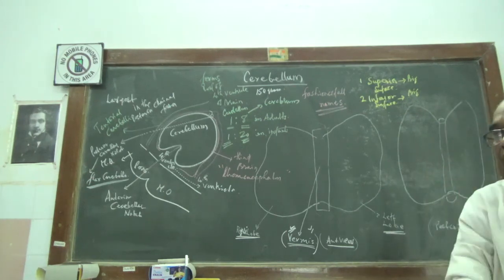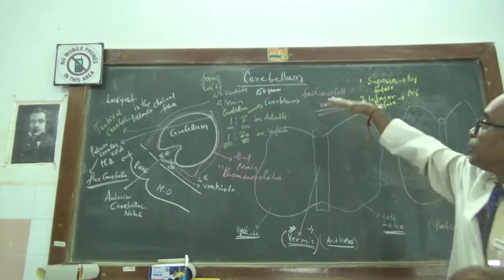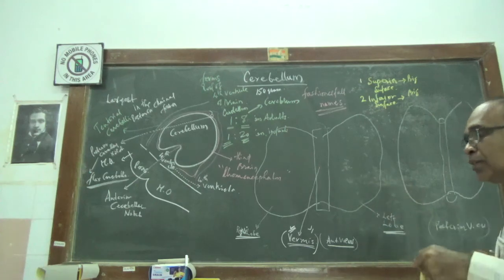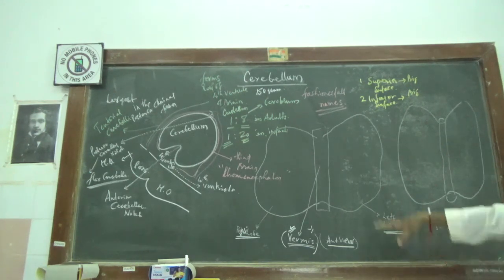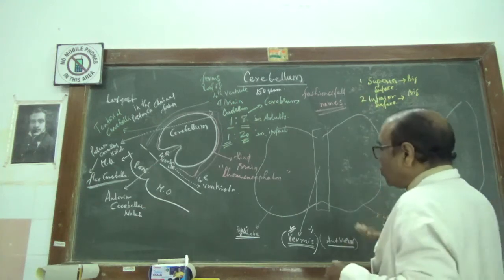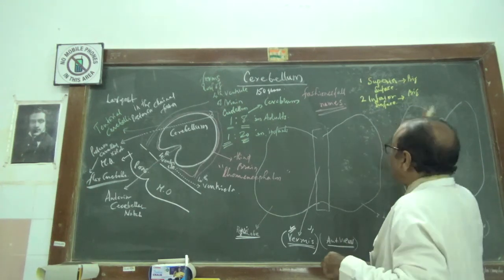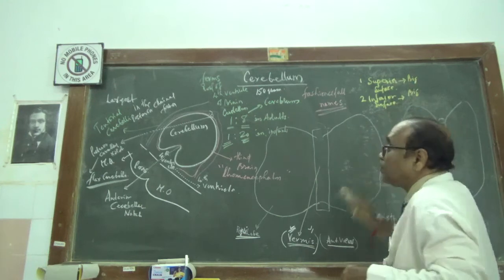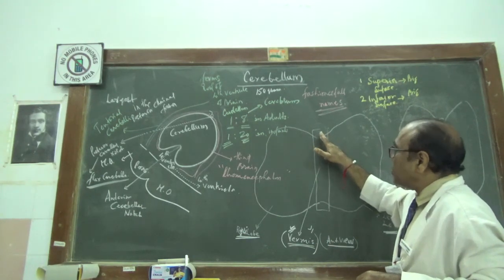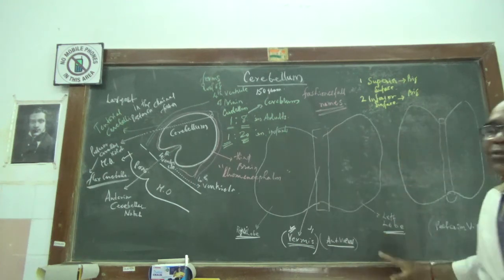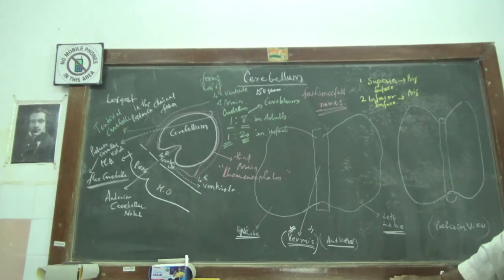Below that tentorium cerebelli you have the cerebellum in the posterior cranial fossa, which becomes tent-like. So the superior and inferior surface has the vermis, the median constricted part, as well as the lobes.